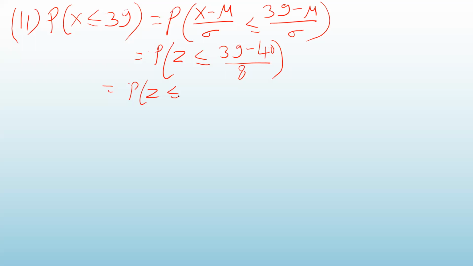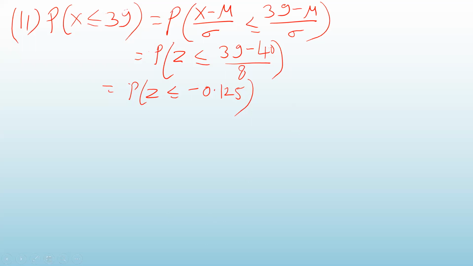It will be minus 0.125, divided by 8. Now to find the probability of z less than or equal to minus 0.125, you first have to plot it on the normal curve to see where this point will come. So draw the normal curve.